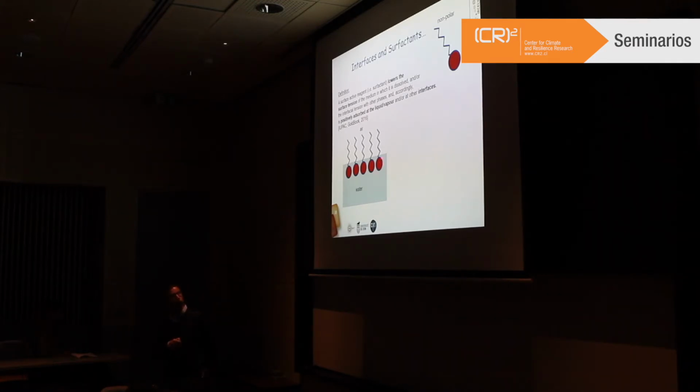And you have the polar head, which is soluble in water, and the non-polar tail, which is insoluble and goes into the gas phase. And this makes special surfaces, especially when you go into very concentrated regions like the surface of the ocean, where you have lots of these chemicals around.